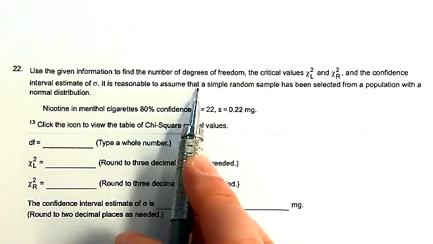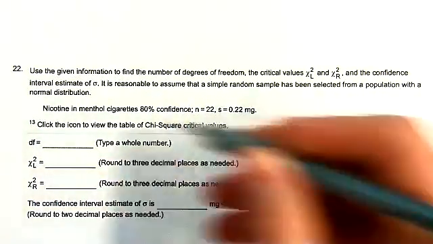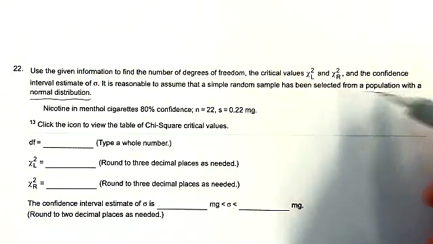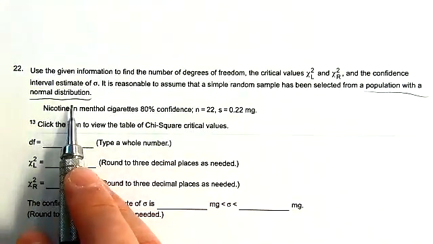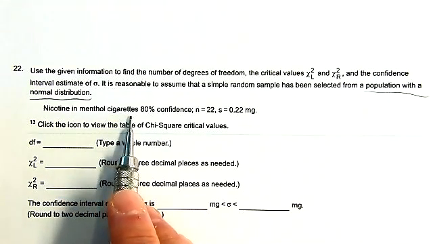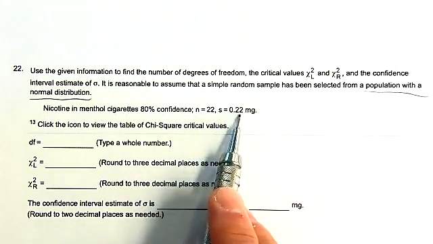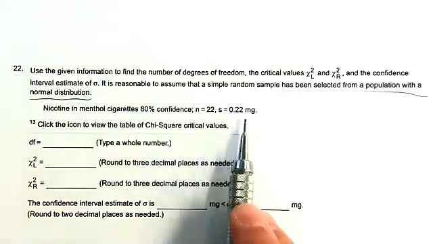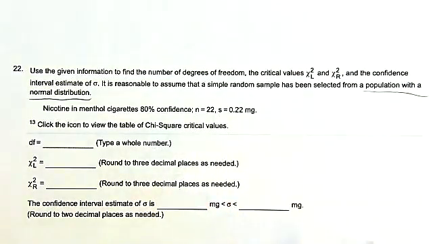It is reasonable to assume that a simple random sample has been selected from a population with a normal distribution. So that means we can proceed with this test. We don't have to check whether the data is normally distributed. It says nicotine in menthol cigarettes, 80% confidence, n is 22, and the standard deviation is 0.22 milligrams. So they're looking at the variation of milligrams of nicotine in 22 different cigarettes.